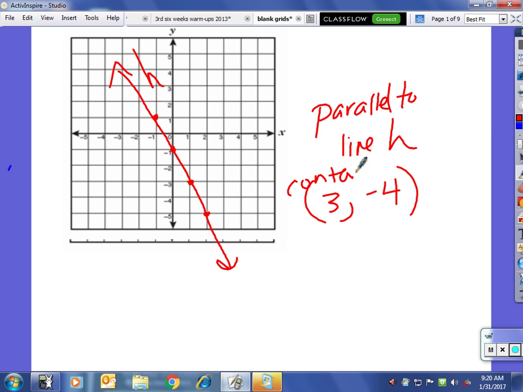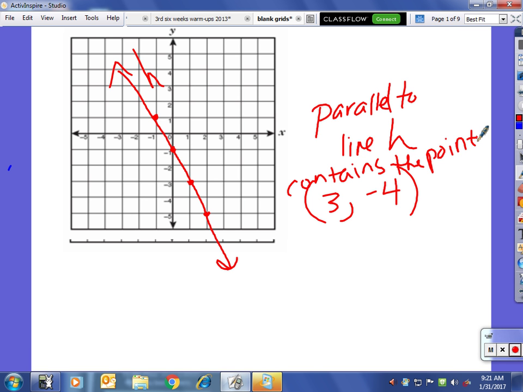Contains the point 3, negative 4. So again, I'm giving you a point and a slope to use. If you have to be parallel to line H, what must you have in common with line H? You must have the same slope as line H.